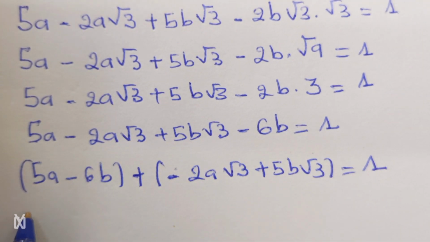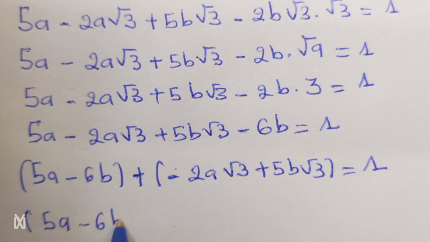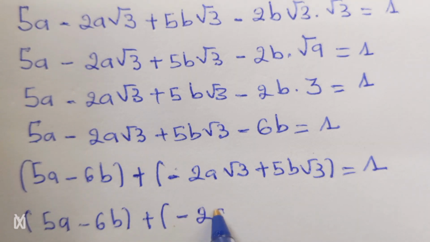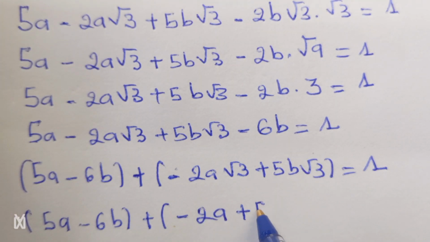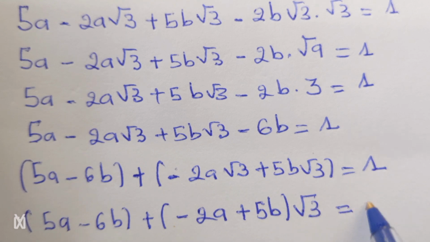This one will bring 5a minus 6b then plus negative 2a plus 5b outside square root of 3, which is equal to 1.